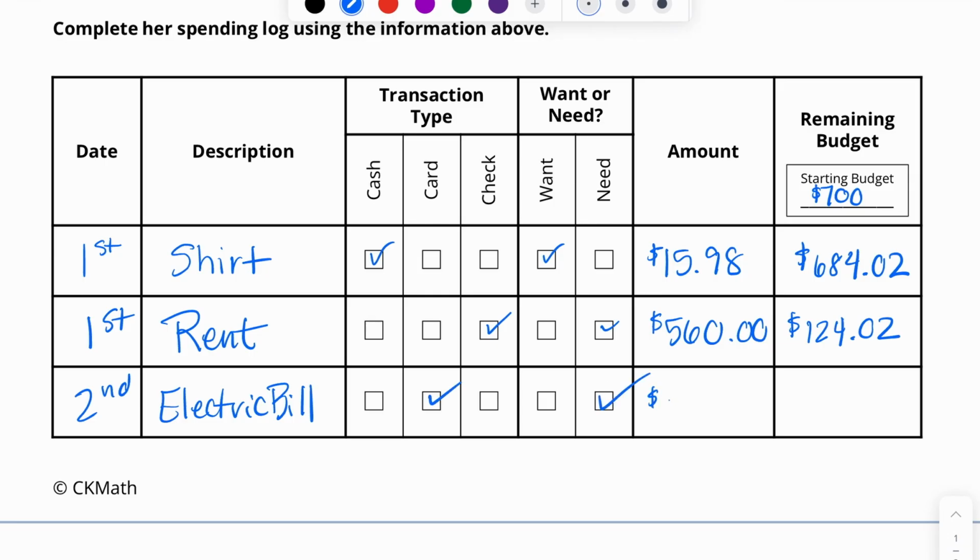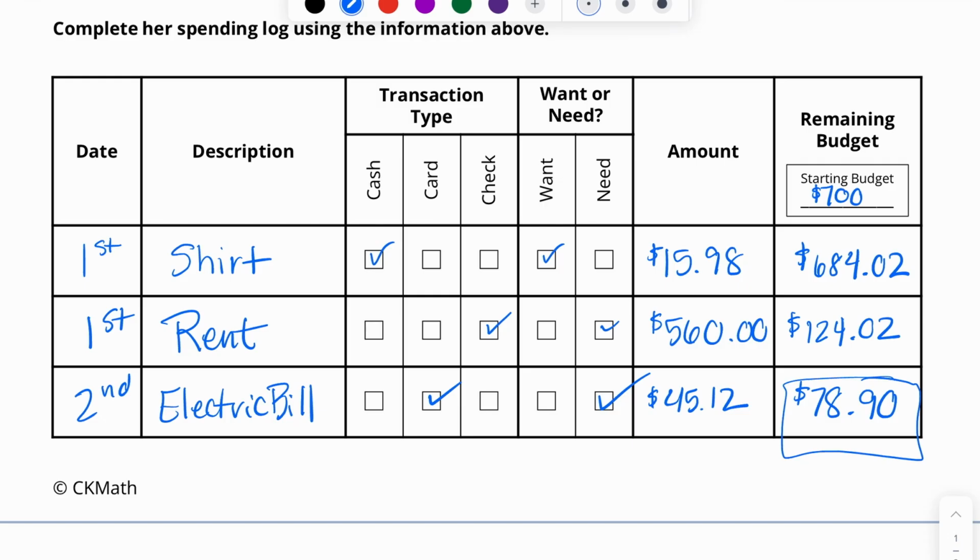And it was $45.12. And if we subtract that from $124.02, that leaves her with $78.90. So $78.90 would be what she has remaining in her budget for the month. So we're done with that.